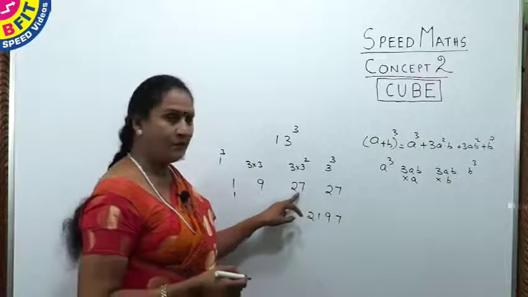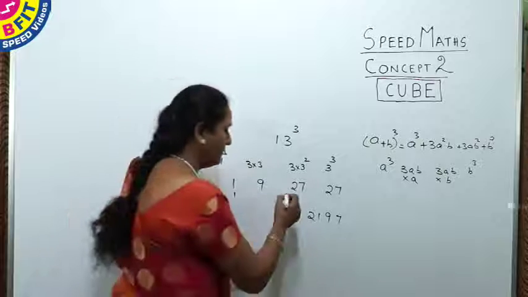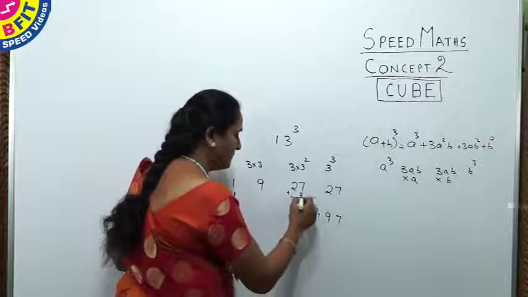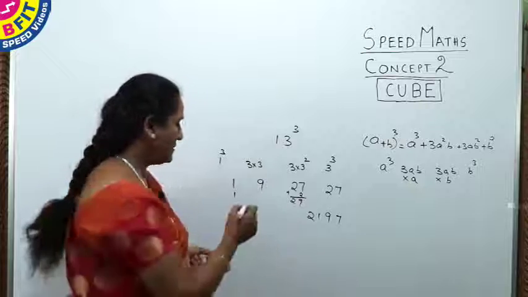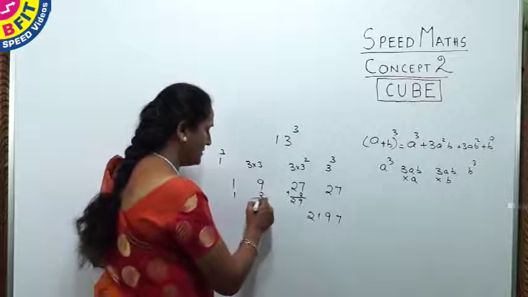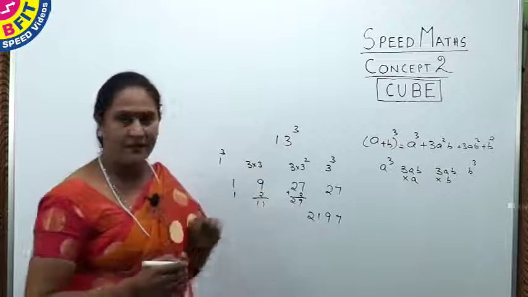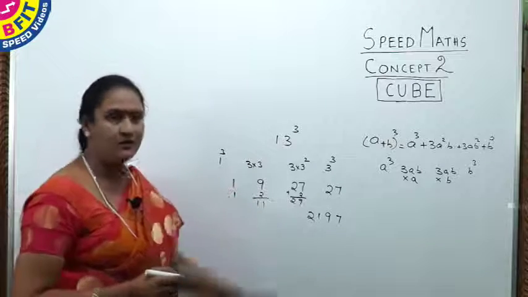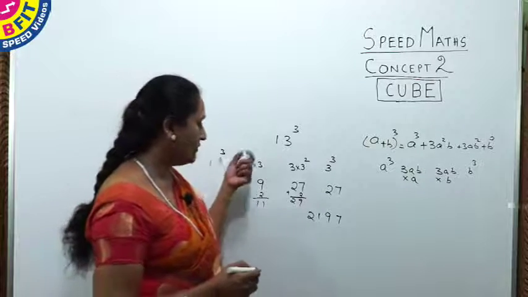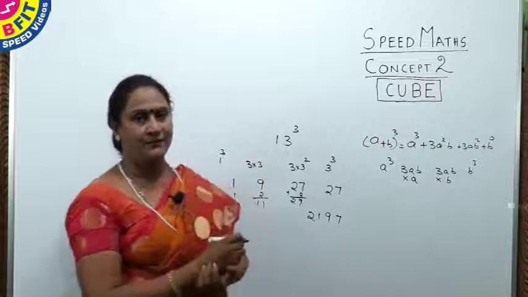So 2 added with 27 is 29. We have retained this 9, and this 2 is added to the previous term, it is 11. We have retained this 1, and this 1 is added to the first term. So 1 plus 1 is 2. So the cube of 13 is 2197.